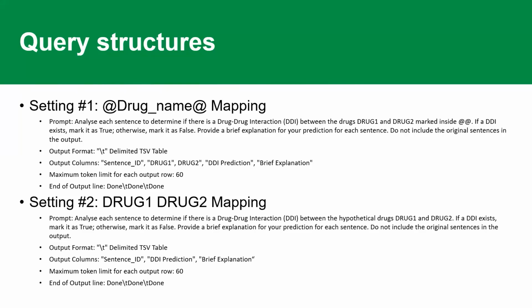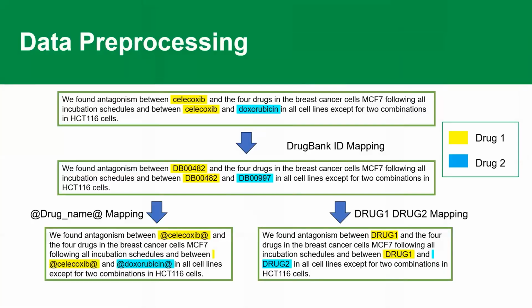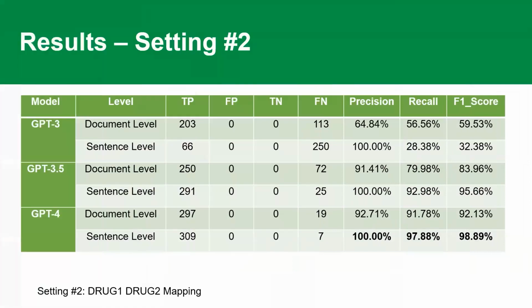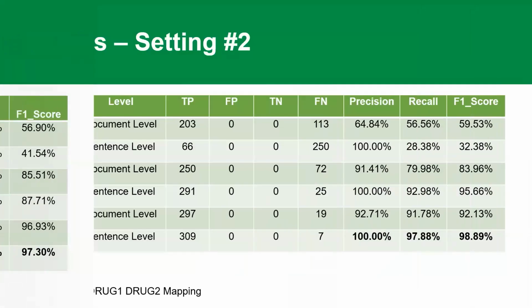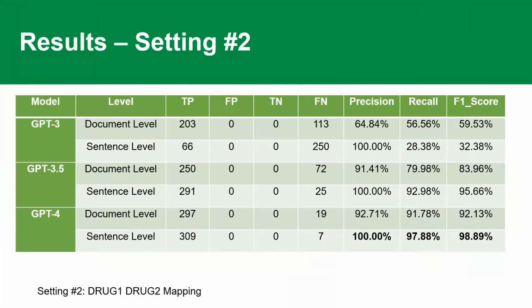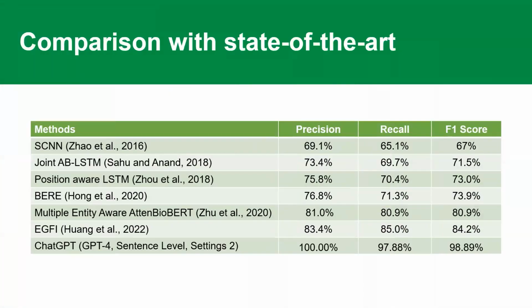Yeah. Okay, so can you go back to the performance table? Yeah, sure. This one is for setting 1, and this one is for setting 2. Comparison with the baseline. Yeah. So you see ChatGPT achieved significantly higher performance, improvements of 20%, that's very great.